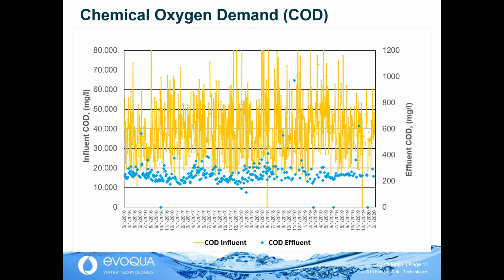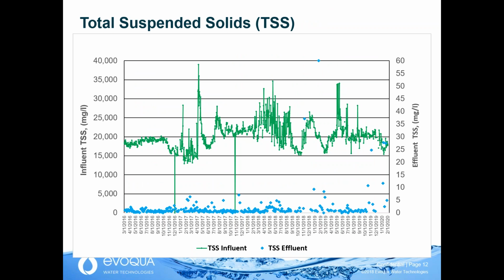This is typically what we see of all the anaerobic MBRs that are treating food processing wastewater: high influent CODs, and then very low effluent CODs. I'm only going to look at data for this first plant, but for all the other ones we'd see similar results, just different numbers.